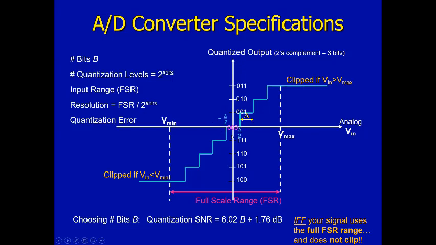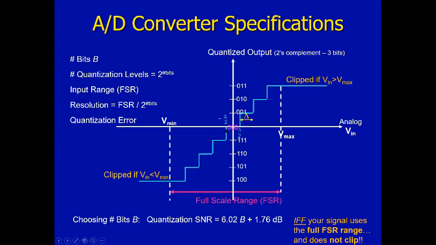And since the maximum quantization error is plus or minus delta over 2, the wider the delta is, the bigger that is, because the larger delta is due to the number of steps you get, which is related to the number of bits.